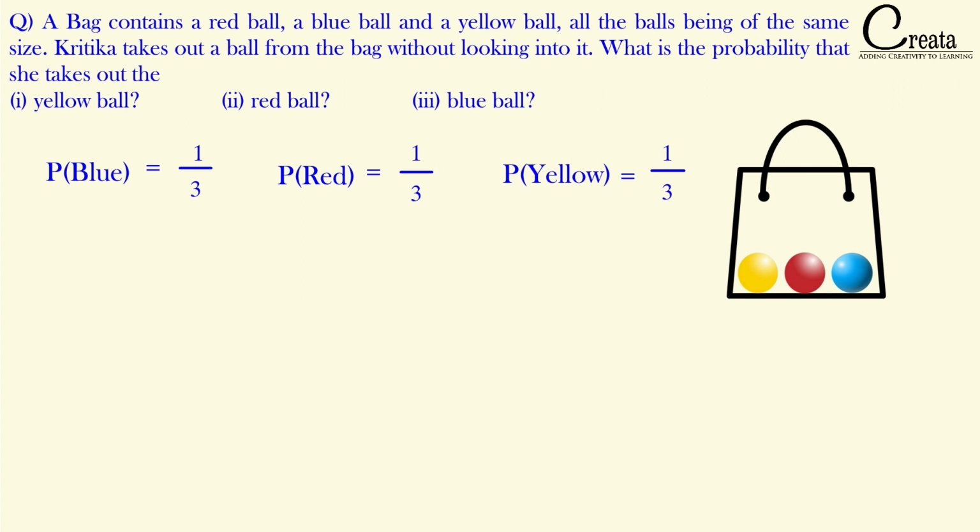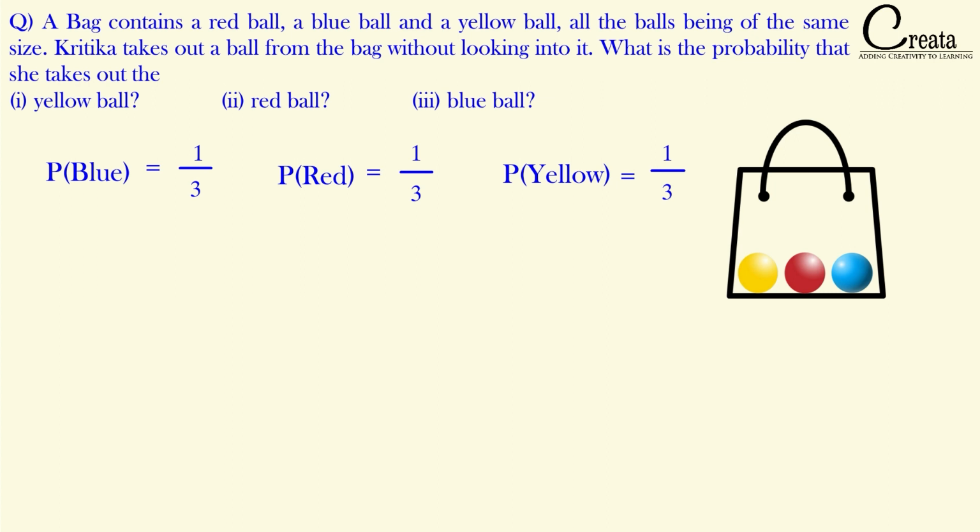Okay? So if you see this experiment, that is taking the ball out of the bag, we are having 3 events, that is yellow ball, red ball and blue ball. And we have done the observation in the previous lecture, that if we add all the probabilities of the experiment, it should come out to be 1.